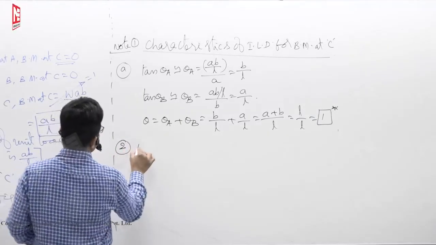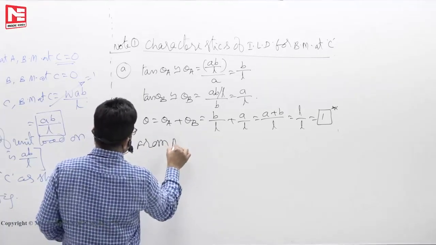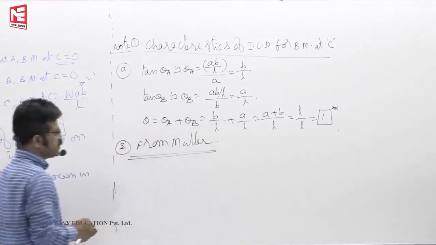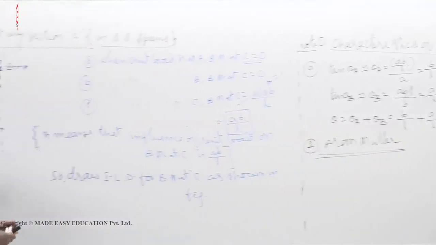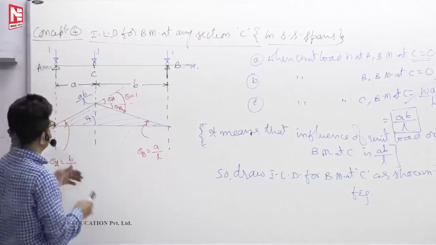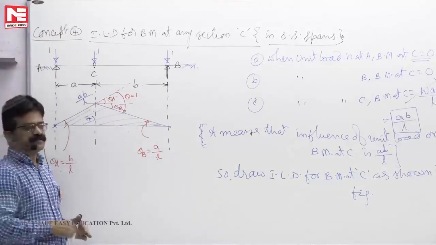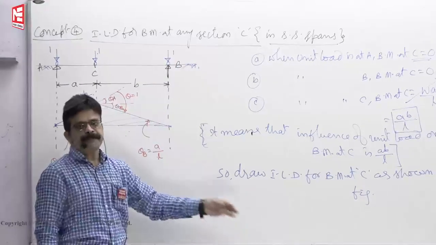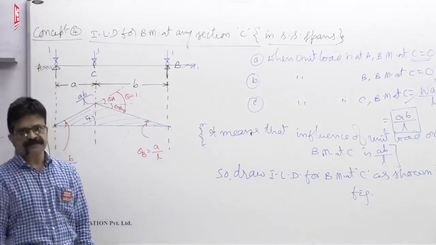Then second one from Muller. What Muller said was, now coming to this diagram, we want to get this influence line diagram without this much story. We have only say 10 seconds time.